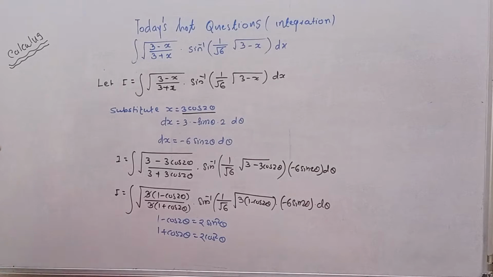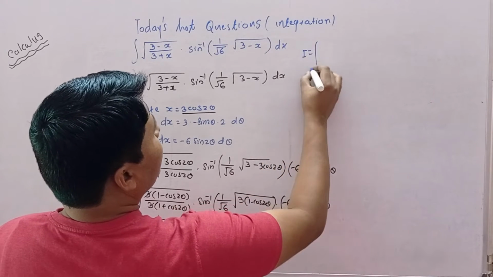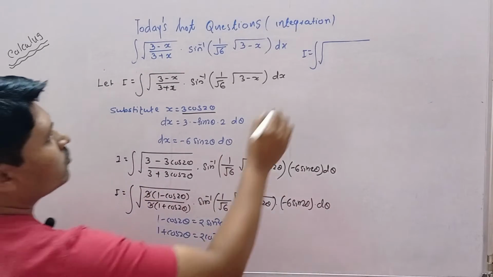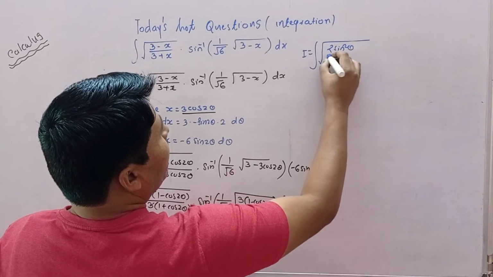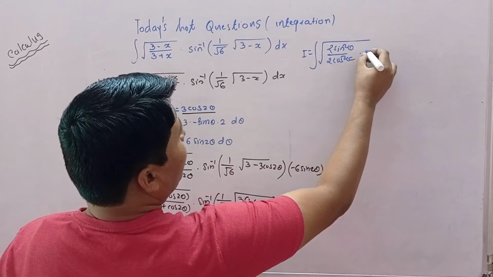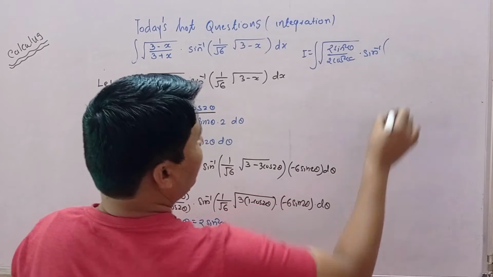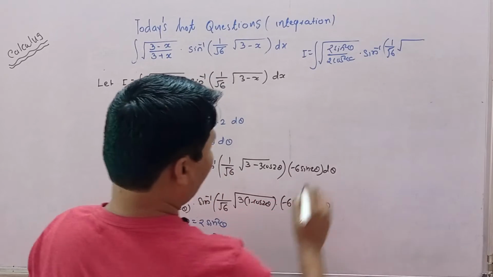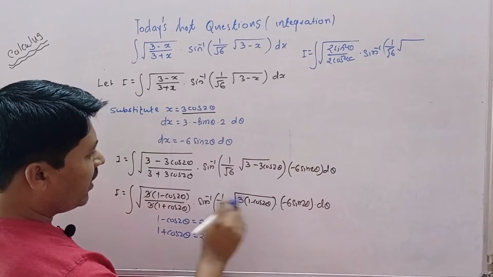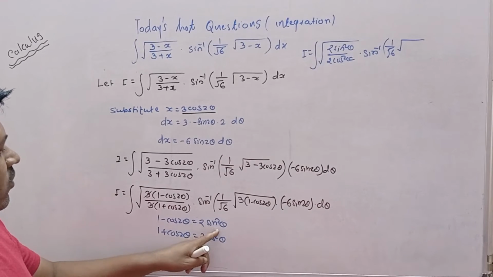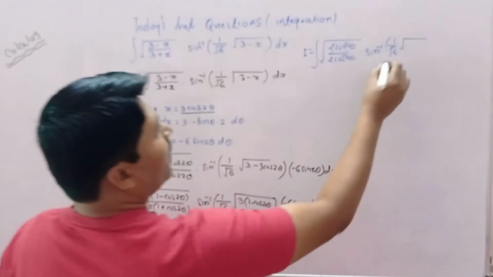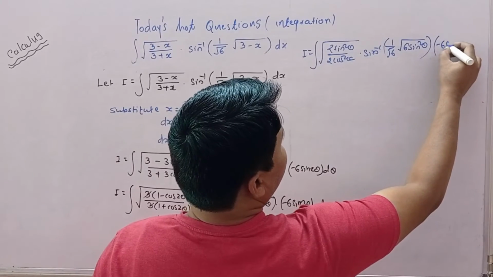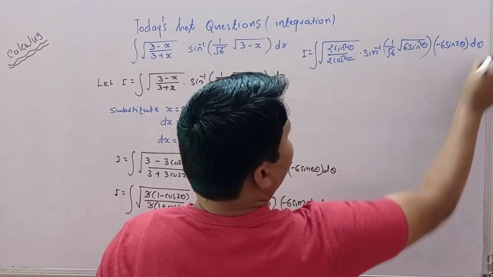This integration becomes I is equal to the integration of root of (2 sine square theta) divided by (2 cos square theta), into sine inverse of 1 upon root 6 times the root of 3 into 2 sine square theta. 2 into 3 is 6, therefore this is 6 sine square theta, into minus 6 sine 2 theta d theta.